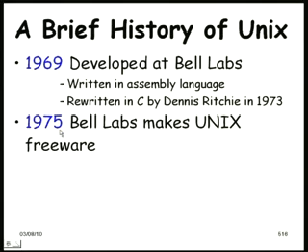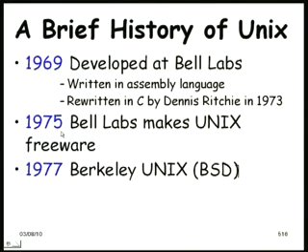There were many recipients, or many could get the source code of Unix, and then based on that many variants of Unix kept on appearing. The first one was possibly the BSD, the Berkeley Software Distribution.